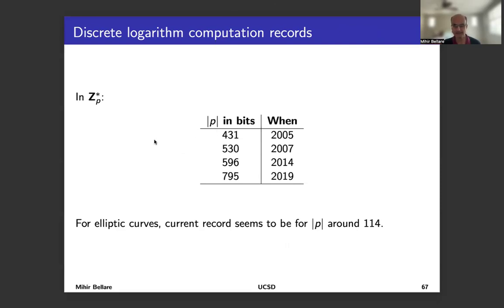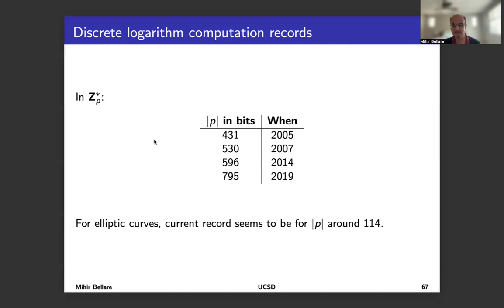So we gave these weird formulas earlier, but cryptographers who implement these schemes in practice want to know how fast can we compute discrete logs for primes of a certain size, because they need to pick these primes so that the discrete log problem is hard, and they want to know how many bits they have to be. People measure that through experiments.